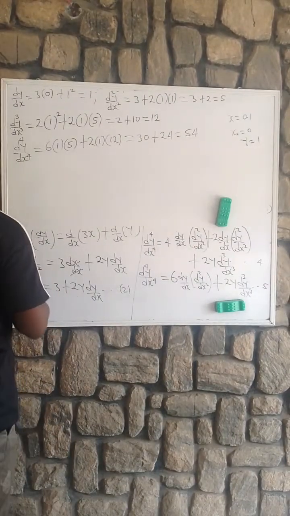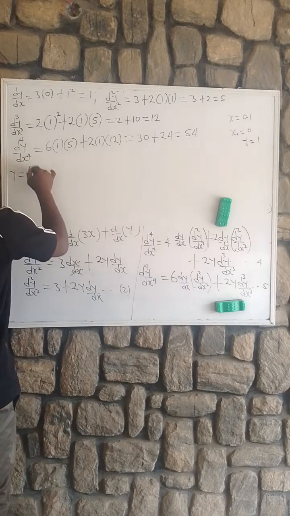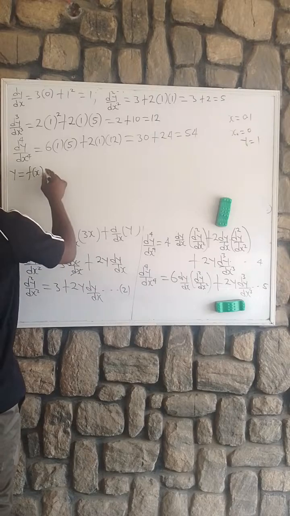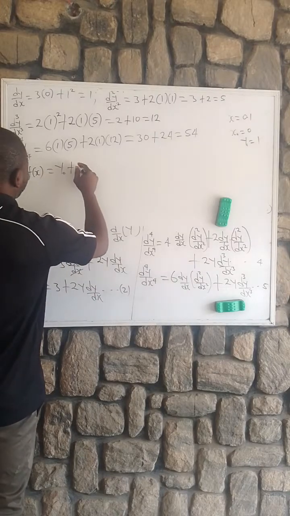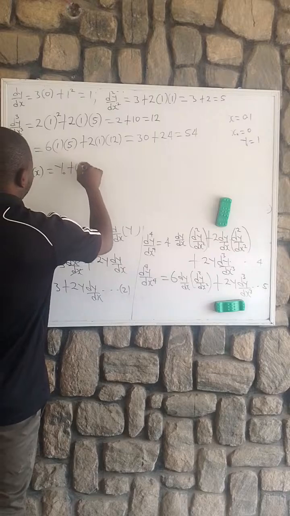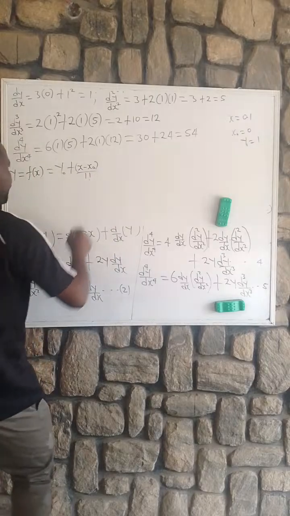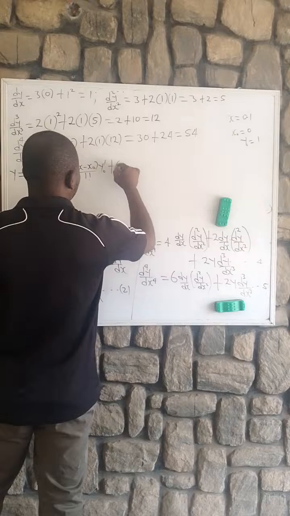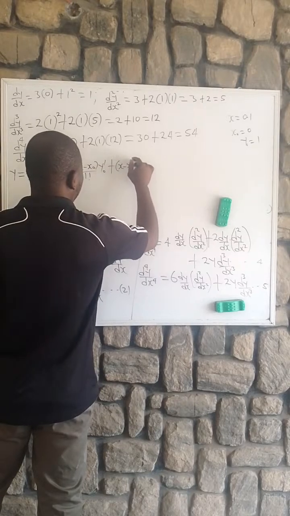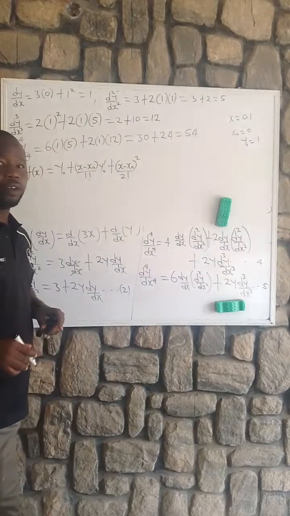Our Taylor series, that is y is equal to f of x, is the same thing. This is equal to y naught plus x minus x naught over 1 factorial times y prime naught, plus x minus x naught all squared over 2 factorial y double prime naught, true or false.